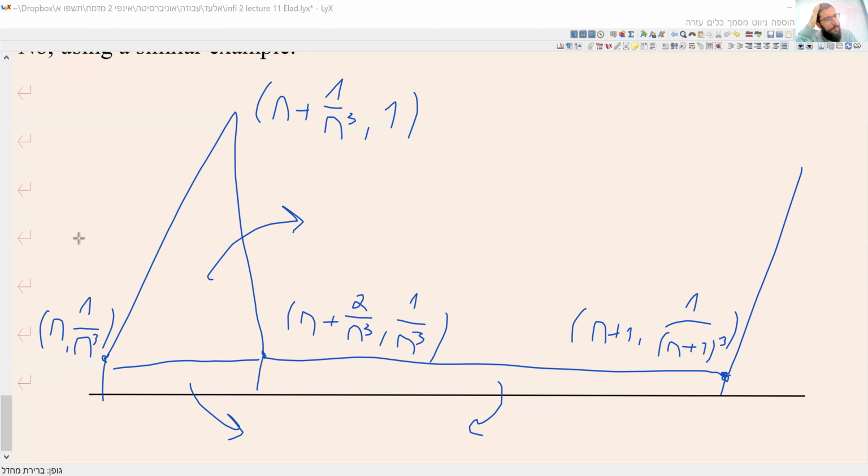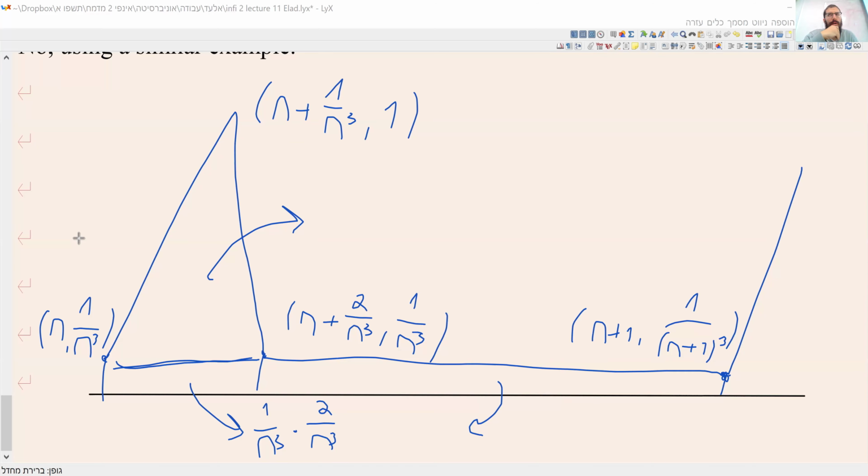One can calculate specifically the areas here. The rectangle is height multiplied by length. It's 1 above n to the power of 3 multiplied by 2 above n to the power of 3, which is convergent. So the upper part goes to zero, like the lower part goes to zero, and the triangles are the same as before.